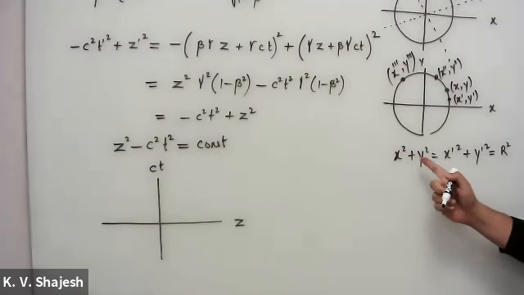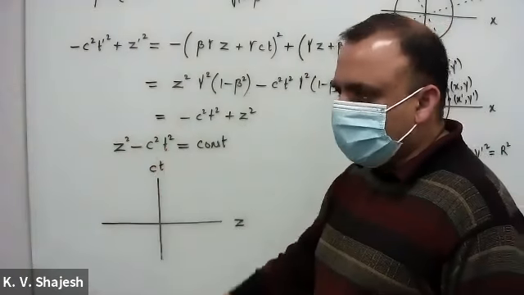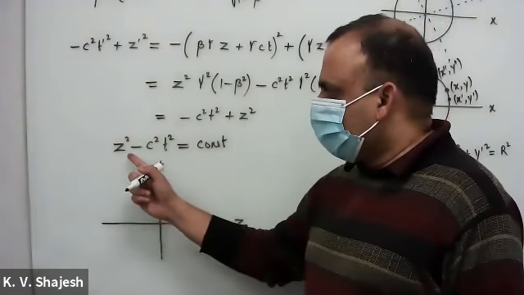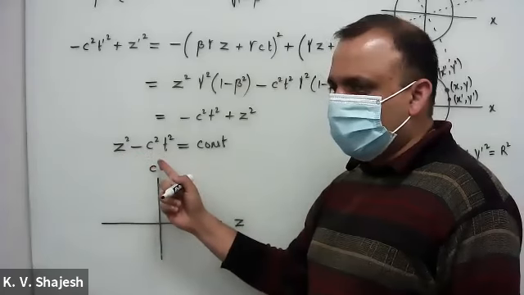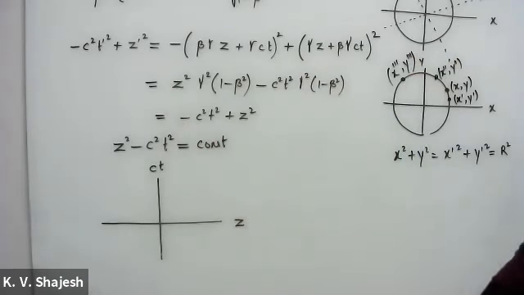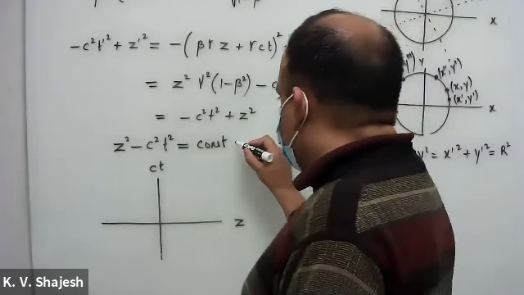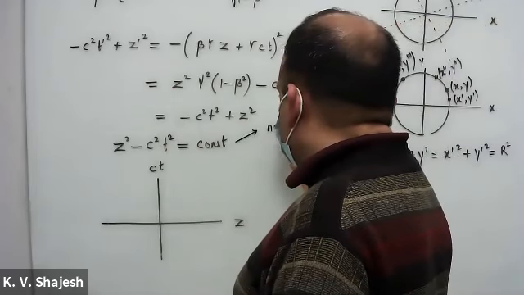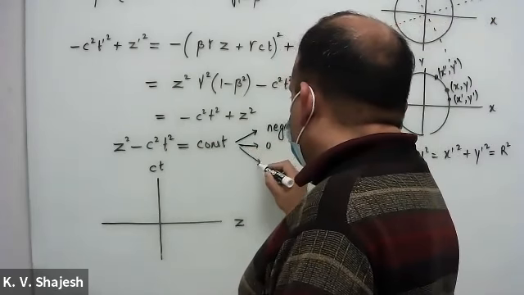If you add two squared quantities, that radius will always be positive. That's no more necessary here. z squared minus c squared t squared. I can always think of a position, for example, z could be the origin, right? Then as time evolves, this becomes negative. So this could be negative, it could be positive if I choose z to be very far at time t equal to 0. That's positive also. So there are three possibilities. It could be 0, positive, or negative. So this constant could be negative, it could be 0, or it could be positive.